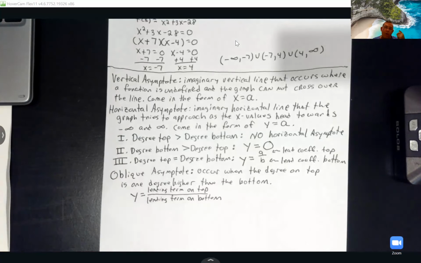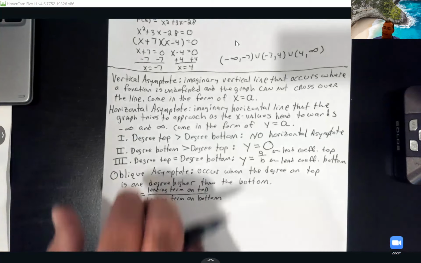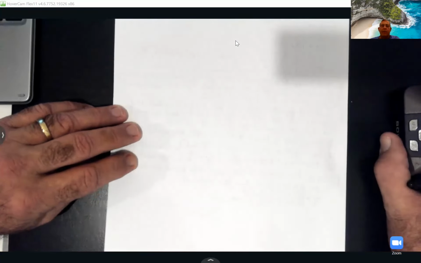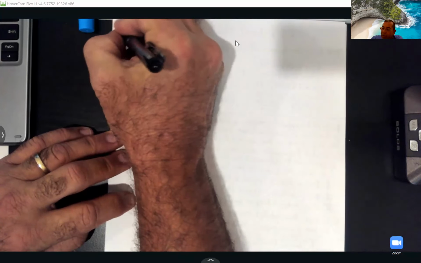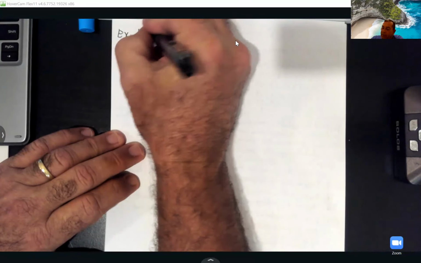So we'll start out with one where we sort of got a list of asymptotes and then graph it, okay? So this will be like number 3 and 4 here. So we're going to list all asymptotes.